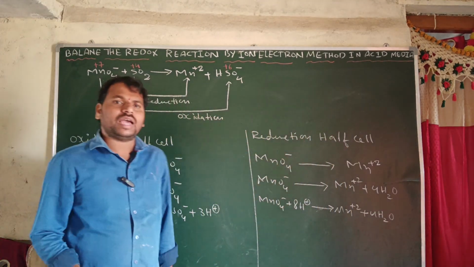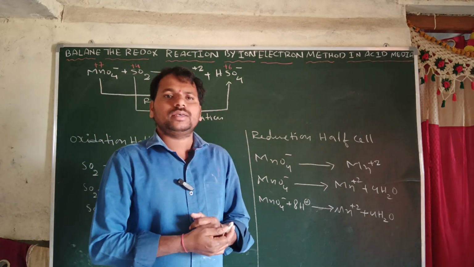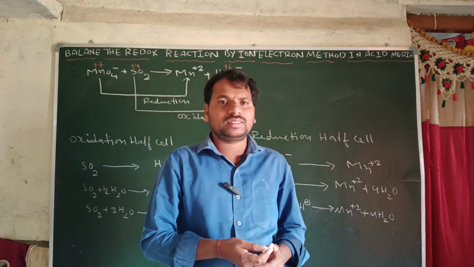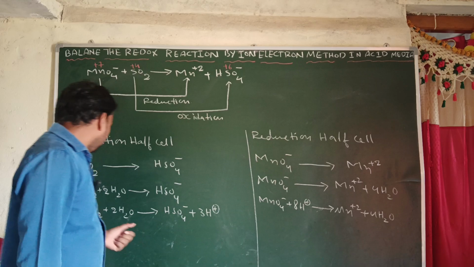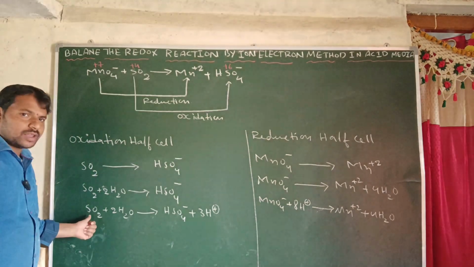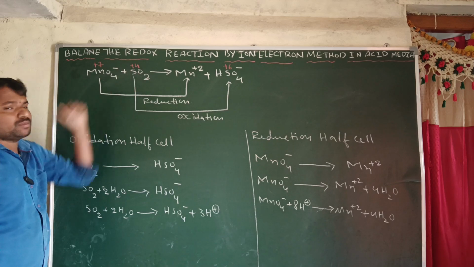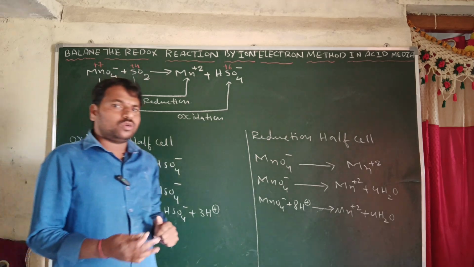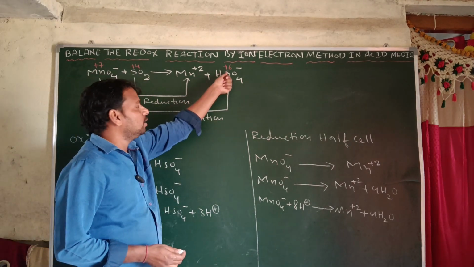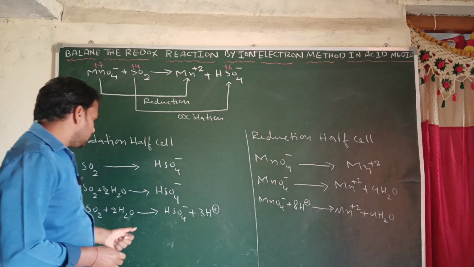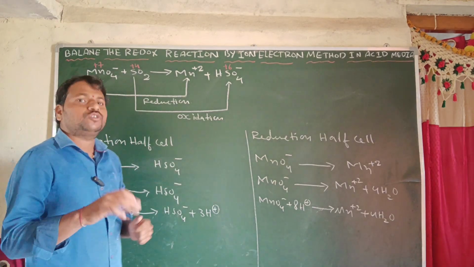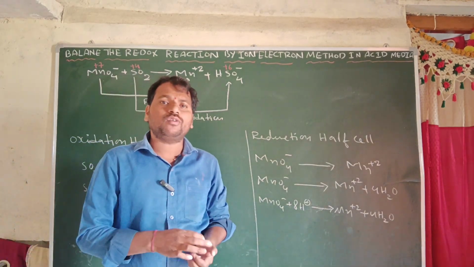After balancing hydrogen, we can balance the electrons. In the case of sulfur, how many electrons are there? 16 electrons, 16 minus 4 is only 12 electrons. This side 10 electrons are there, so there is a deficiency of 2 electrons.